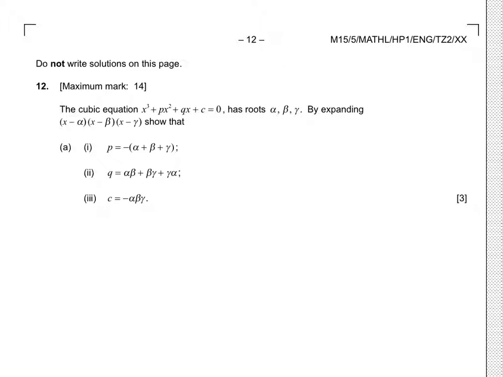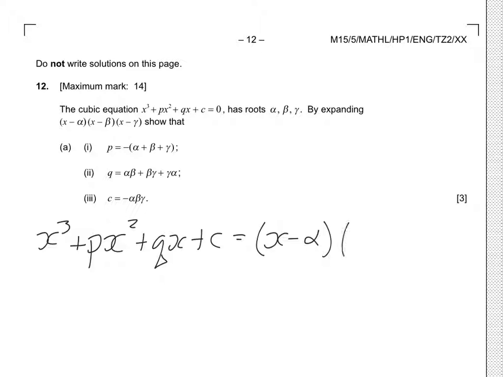So this is basically a proof of Vieta's formulas for a relatively small power, for power of 3. So I've got to expand out the right hand side here.